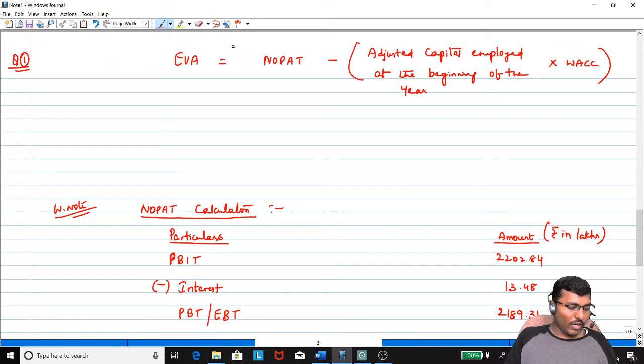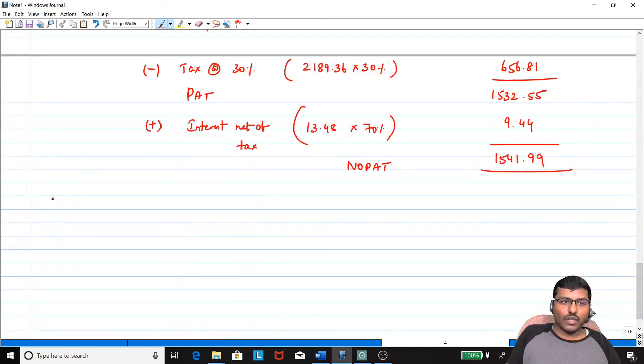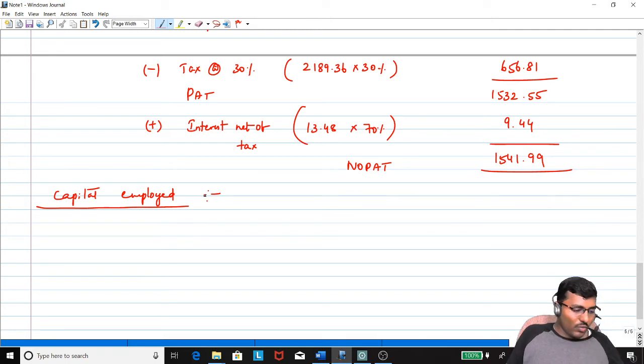Okay, we got NOPAT right now, which is 1541.99 minus adjusted capital employed into WACC. Let's start with capital employed first. Now moving on to your capital employed, what is the information that has been given in the question?